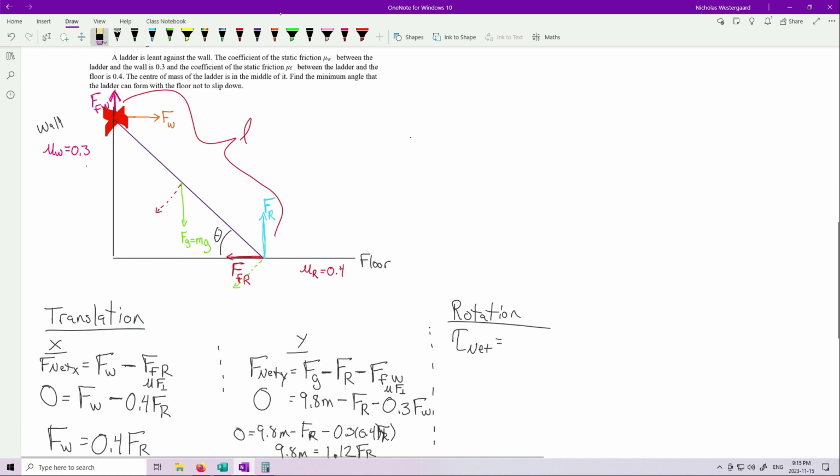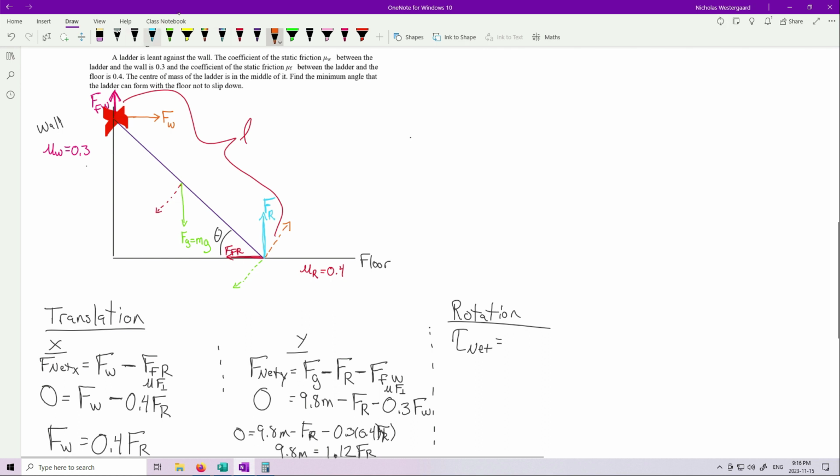I'm going to remove my label of Ffr so it's not in the way of my diagram. This Fr is going in the opposite direction, the counterclockwise direction, and we can see it'll be pointed up that way.